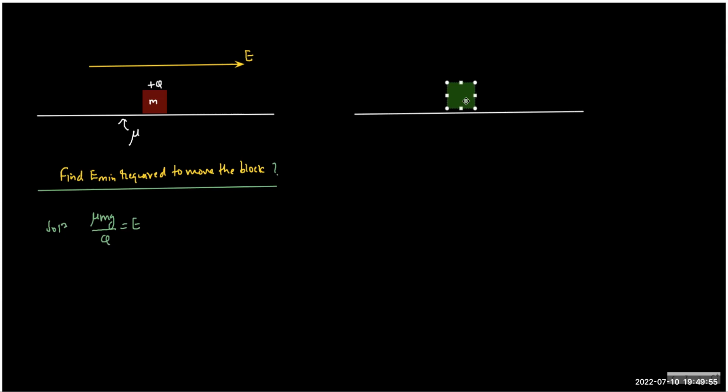So the same question with a slight twist. Now the field is acting at some angle. The angle is not even given. You can choose the angle. Find E minimum. Now I'm asking E minimum. I don't know how it is acting, but E minimum to move the block over the surface.